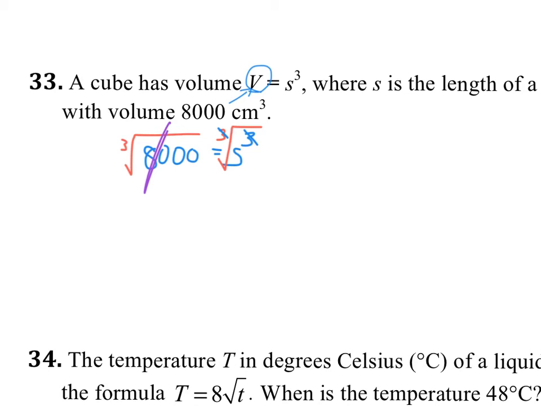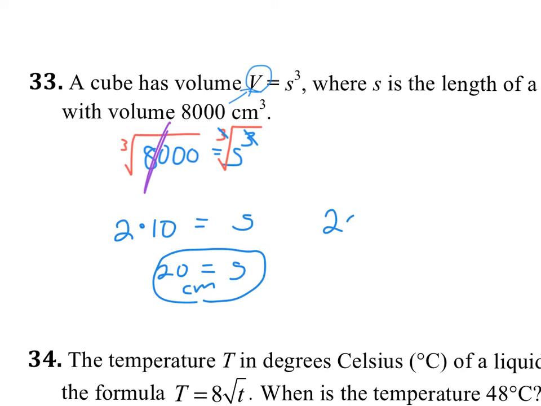The cube root of 8 is 2, the cube root of 1,000 is 10, and in the end we end up with 20. So the side length is 20 centimeters. Now of course we can test that just by plugging in 20 cubed into our calculators, and it gets us back to 8,000 cubic centimeters.